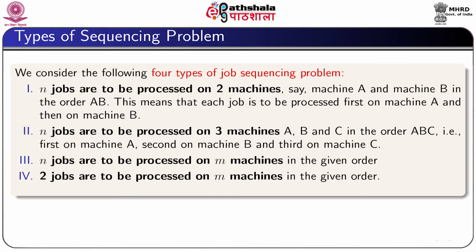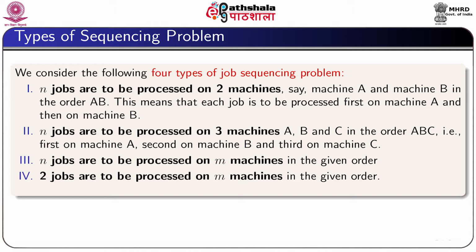Types of sequencing problems. There are various types of job sequencing problems that arise in the world. All sequencing problems cannot be solved. Here we consider the following 4 types of job sequencing problems. In type 1, n jobs are to be processed on 2 machines, say machine A and machine B in the order AB.